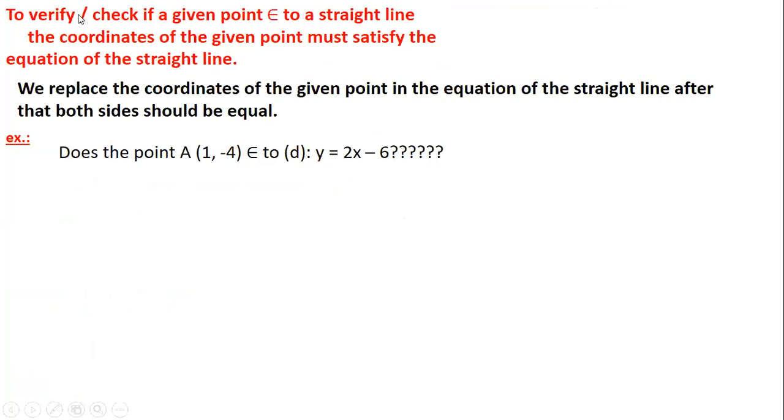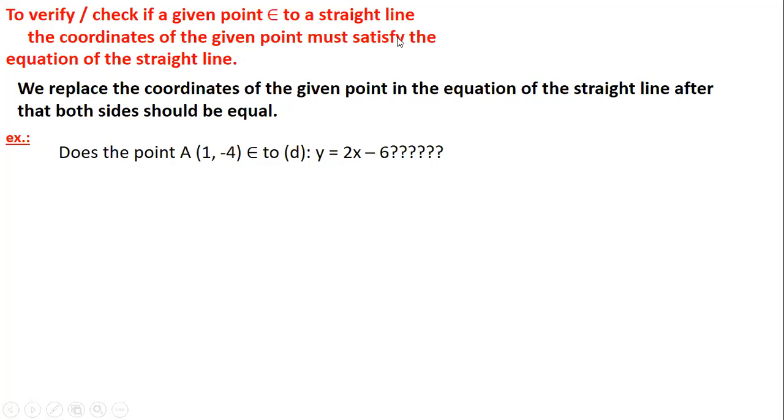Okay. Let us now move to something I talked about before: to verify or check if a given point belongs to a straight line. Suppose I gave you a straight line and I gave you a point with coordinates. Does this point belong to the straight line? To know if a point belongs to a straight line, the coordinates of the given point must satisfy the equation of the straight line.